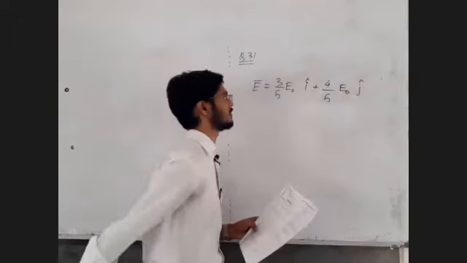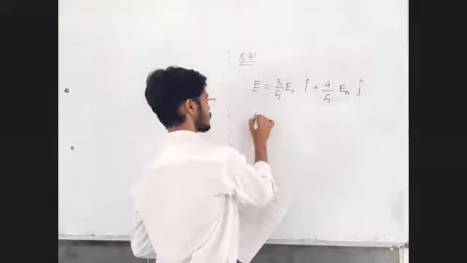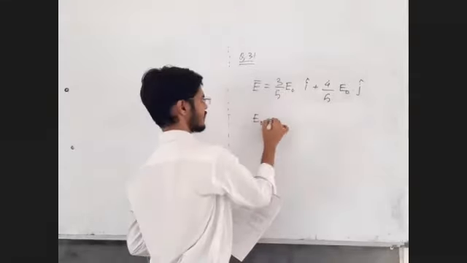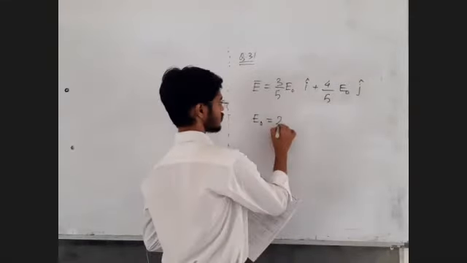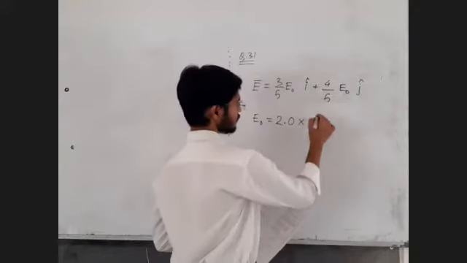One vector is given to us. E0 value is also given to us. E0 is 2.0 into 10 raised to plus 3.